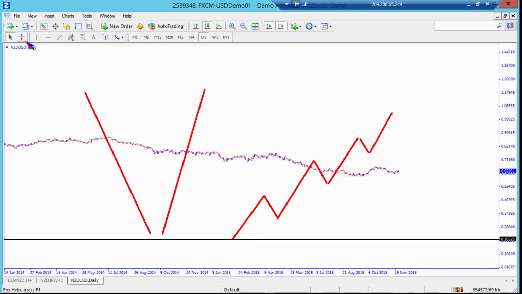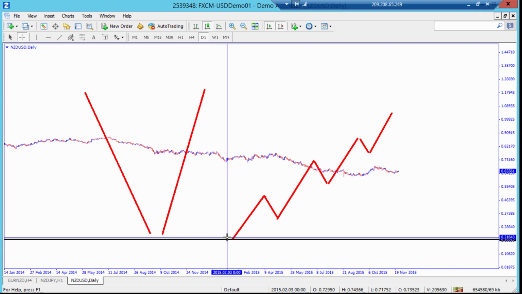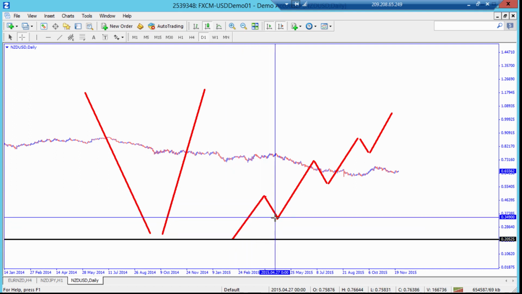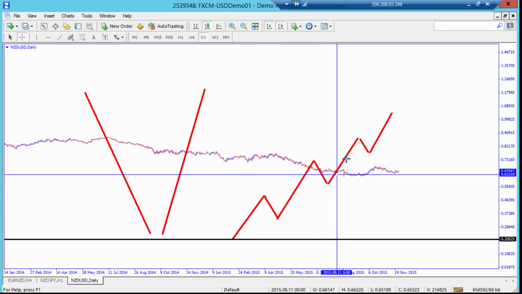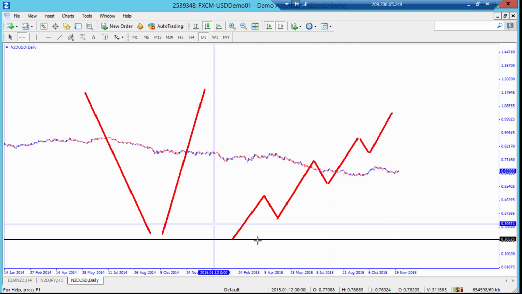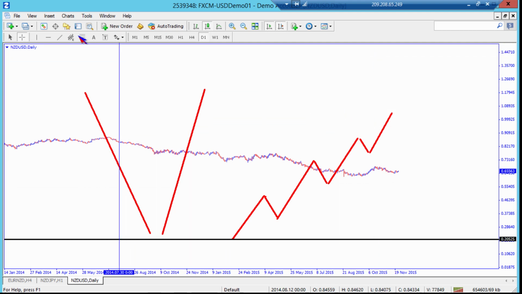So that means a series of higher highs. This is a high, this is a higher low, a higher high, higher low, higher high, and you've established an uptrend. The reverse is true for a downtrend.